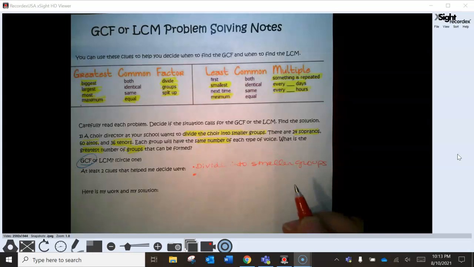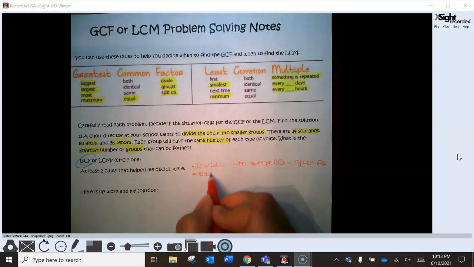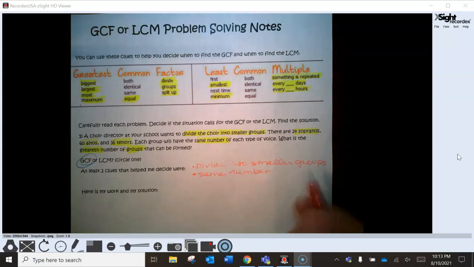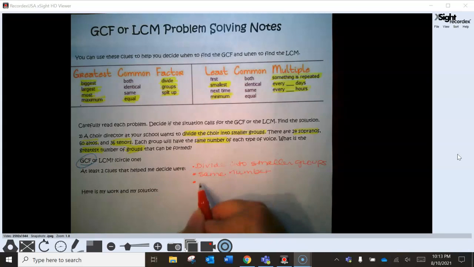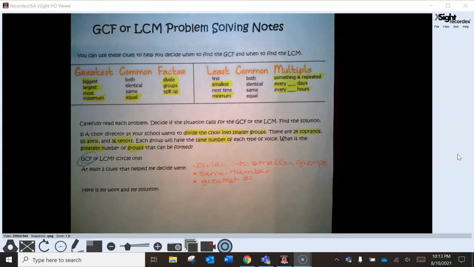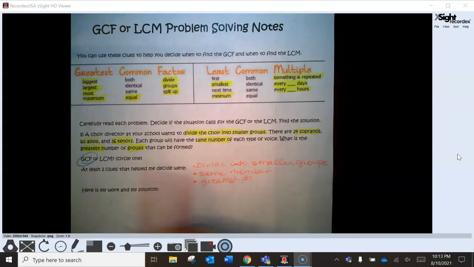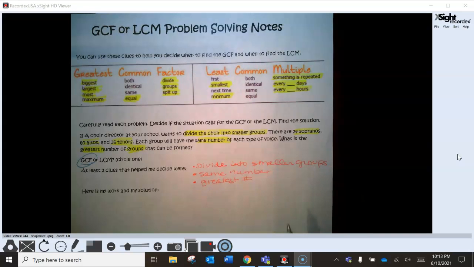Another one is we have the same number. And there's your most obvious one there, the greatest number. When you're doing these on your own, what we just wrote is what you should be asking yourself to help you decide this. You don't need to write this every time, but for our notes, that's what we're going to be doing.